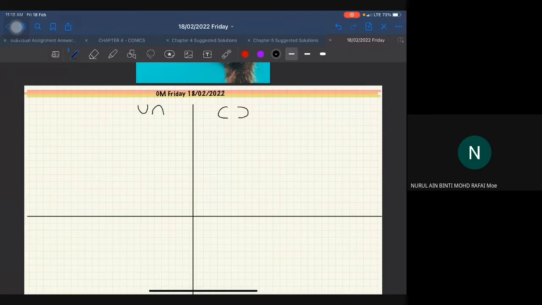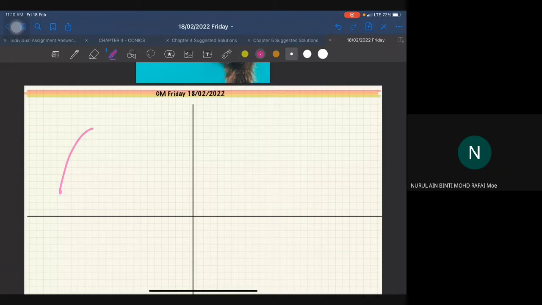So keempat-empat ni awak kena tahulah dia punya karakteristik, kenapa dia boleh jadi bentuk macam tu. So apa ciri-ciri yang menjadikan bentuk dia macam tu. Alright, so equation untuk keempat-empat ini dia ada beza. Okay, saya lukis teruslah.